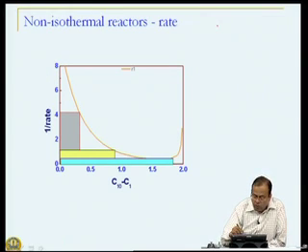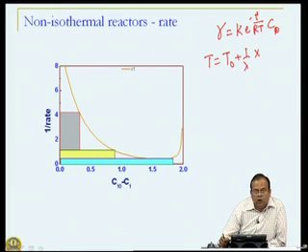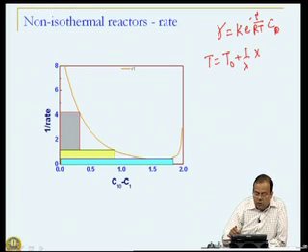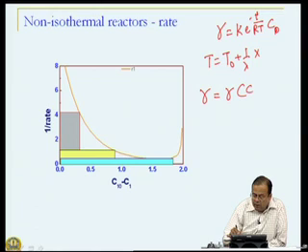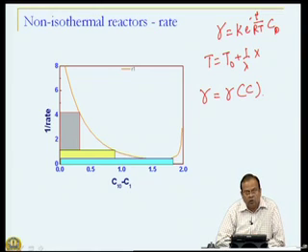Let us go back to the rate, which is exponential of minus E by RT into C, and my temperature is related to conversion. So, what happens to the rate as a function of concentration, because a few minutes back we wrote this whole thing as a function of concentration.